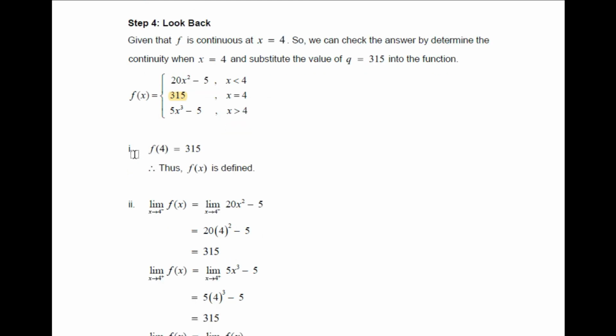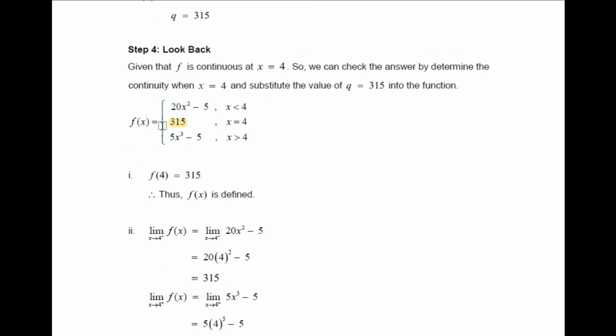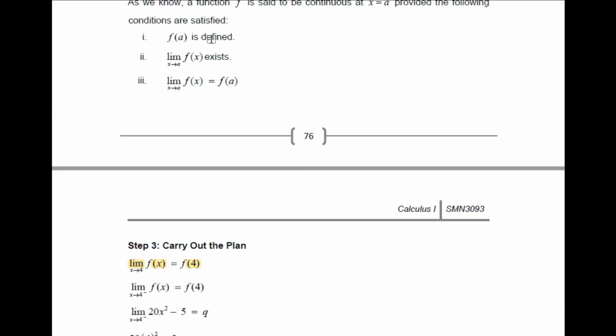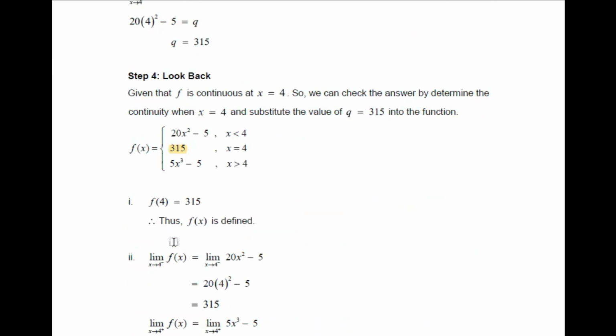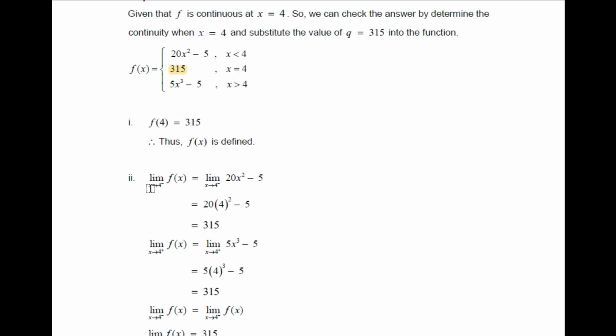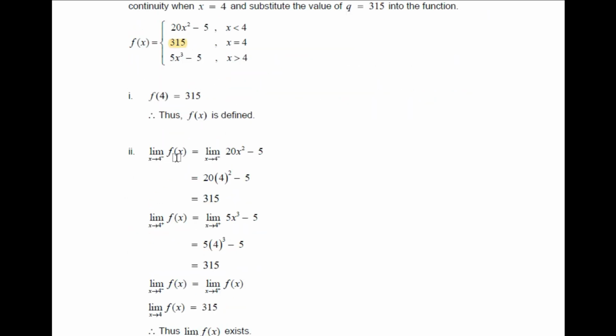We check the first condition, which is f(a) is defined. For this question, a is equal to 4, so f(4) is equal to 315. Thus f(4) is defined. We check the second condition, where the limit of f(x) as x approaches 4 from the left equals the limit of f(x) as x approaches 4 from the right.